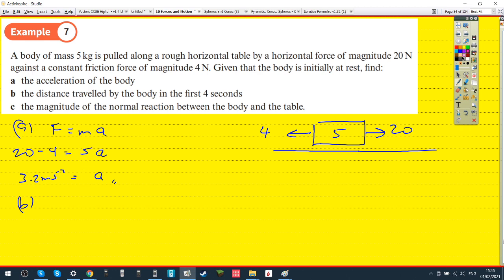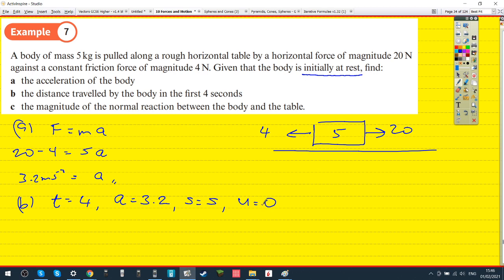So am I saying t is 4, a is 3.2, s is s, and is there some way that I need to work out that u is 0?